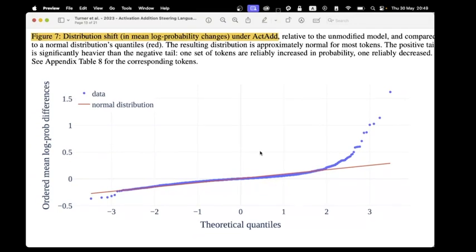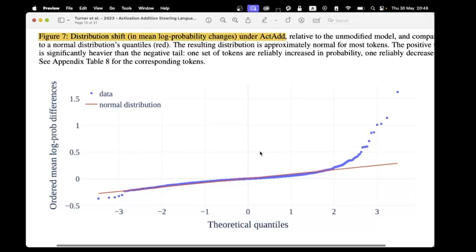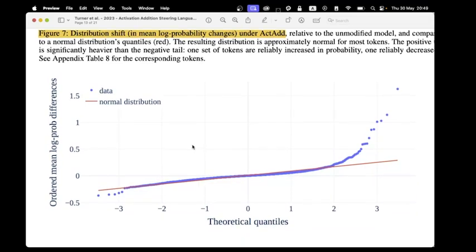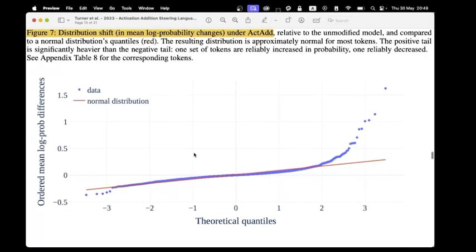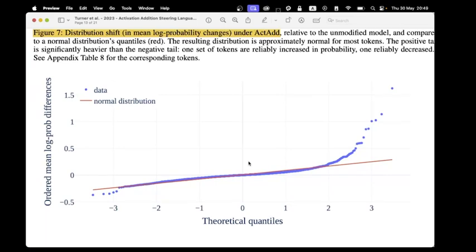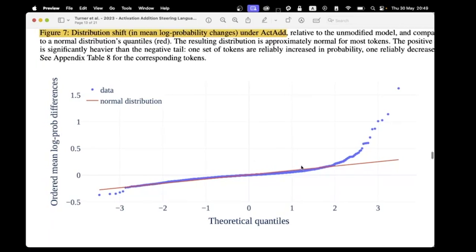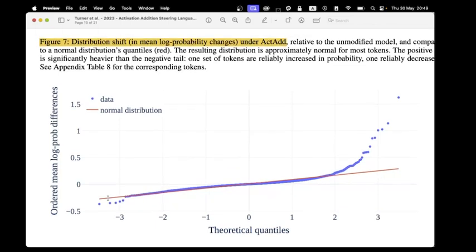We have the normal distribution as the red line, and we have a v at the y-axis, which is why the normal distribution is flat, and we see that a bunch of tokens become more probable, and a few tokens become less probable. I mostly wanted to show this plot because you don't often see an ordered mean log prob difference as a y-axis.